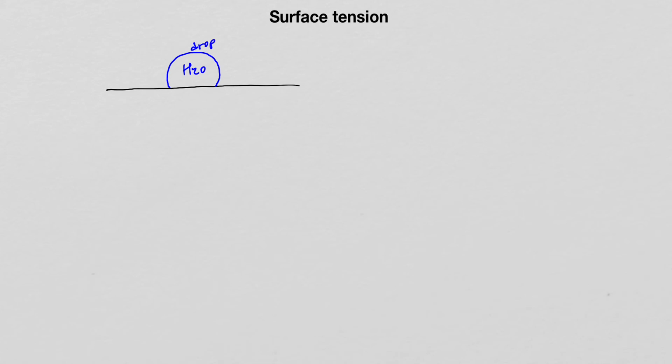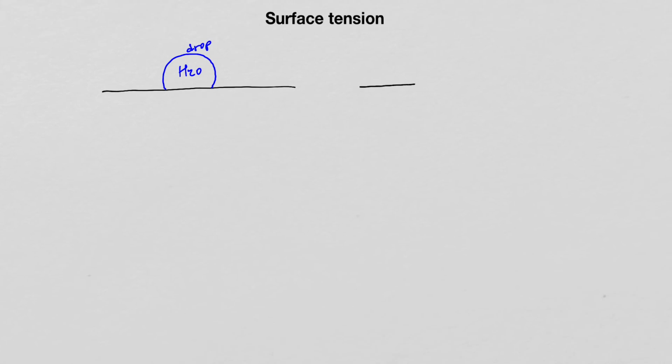If you look at the water in a glass, and you fill the glass with water more than, to above, the edge here, what you would observe is that the water will form this kind of shape.